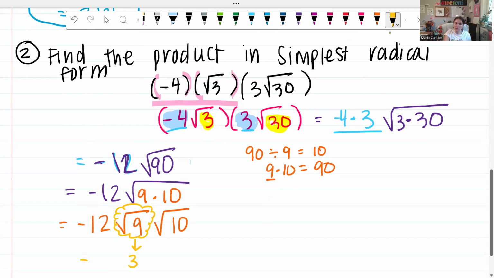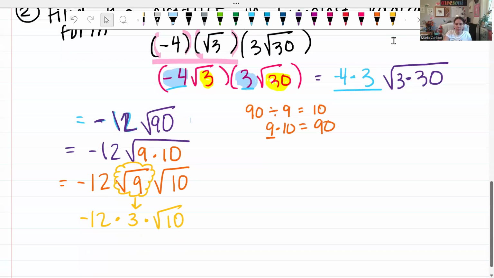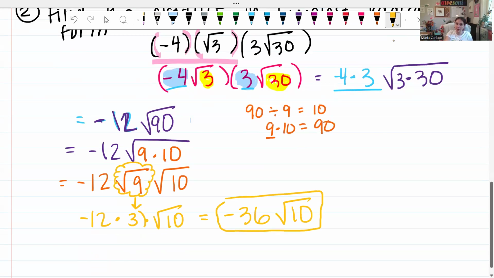So I have -12 times 3 times the square root of 10. And -12 times 3 is -36. So I have -36 times the square root of 10, or -36 square root of 10. And you really just multiplied, finally, -12 times 3.